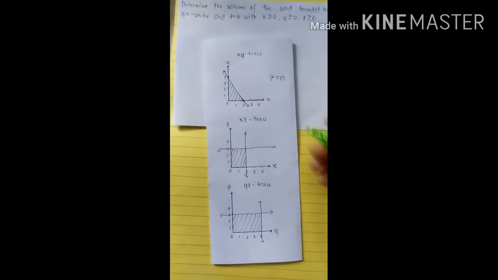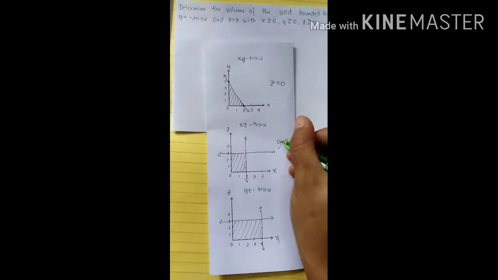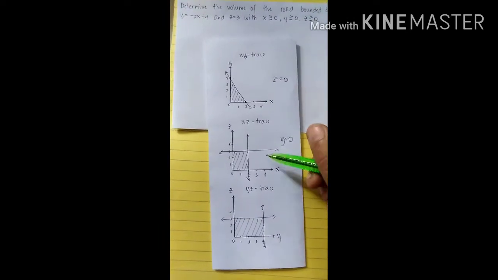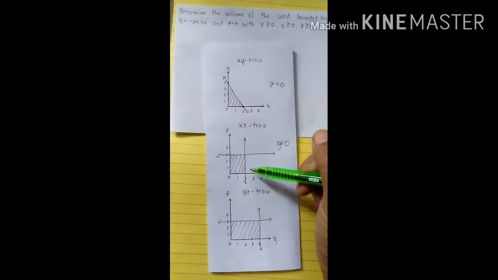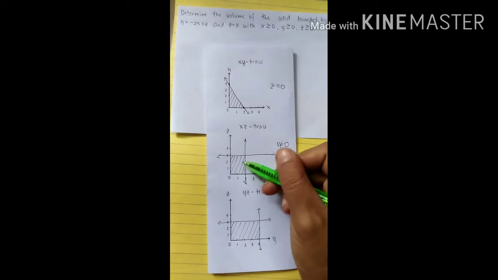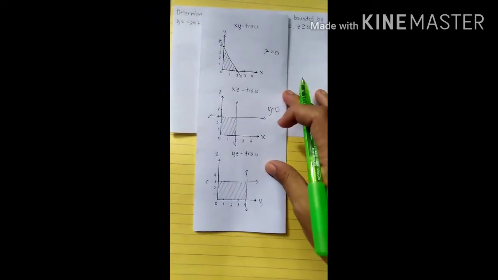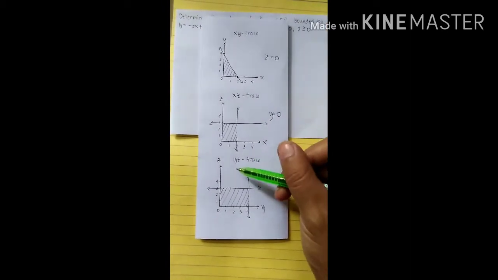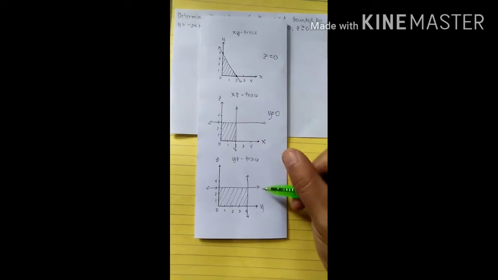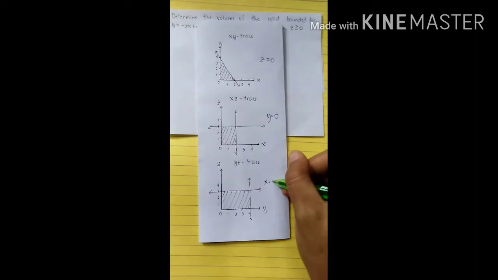So in the xz trace, we have y equal to 0, we have z equal to 3, and then x equal to 2. So this two-dimensional area here will be in the xz trace. So in the yz trace, we still have z equal to 3, and then y equal to 4, since x is equal to 0.